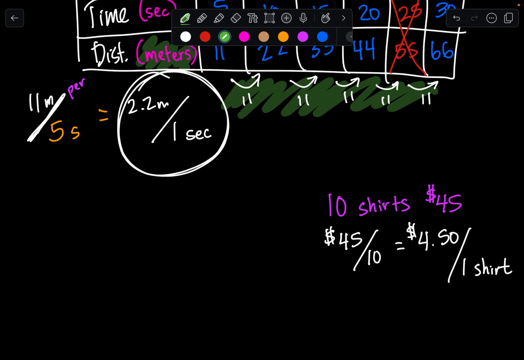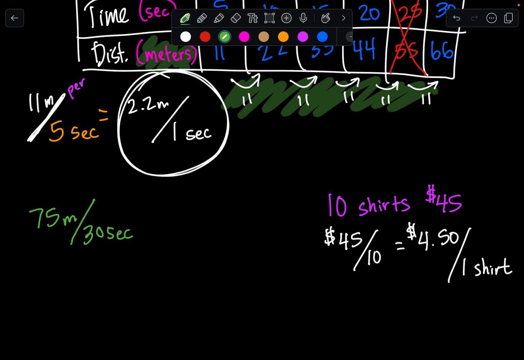And then it says if Amy travels at a rate of 75 meters per 30 seconds, is she traveling faster or slower? So she's doing 75 meters per 30 seconds. This is why unit rate is helpful, because you can compare like terms.